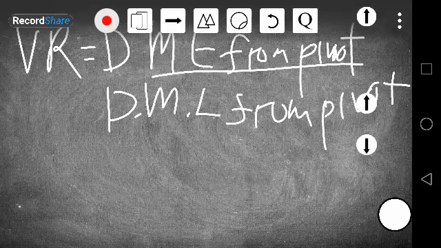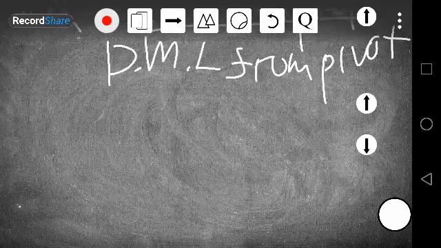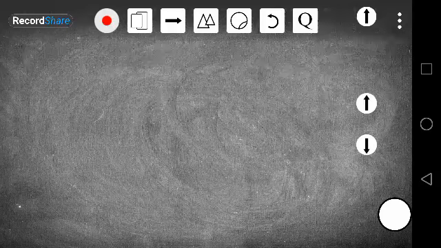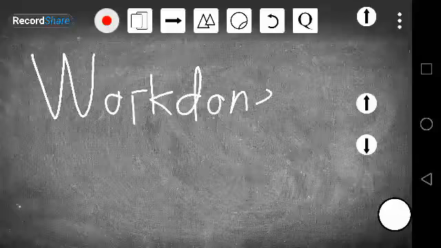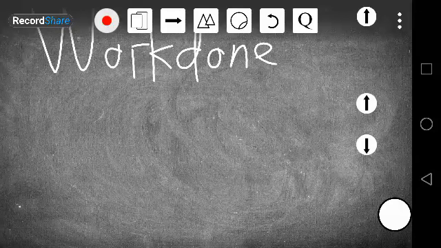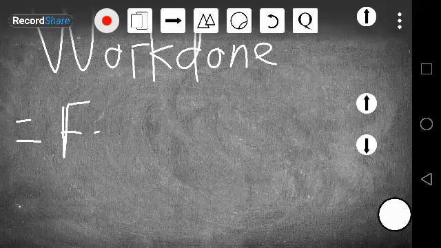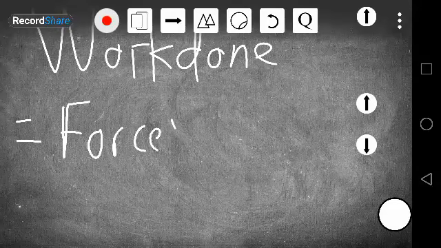Now we move to work done. Work done is given by force times distance.